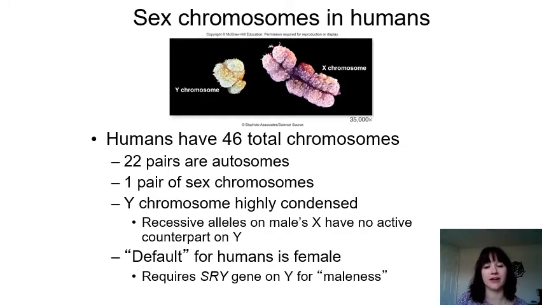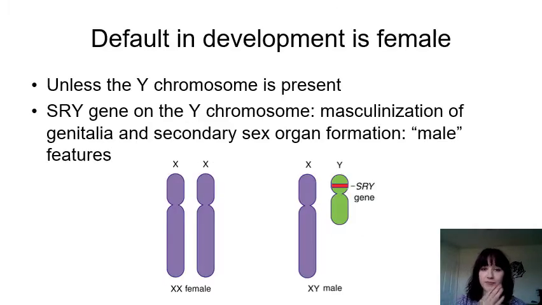It's not found on the X. So females are XX and males are XY. In the females, they just don't even have that SRY gene. Again, the default development is female, unless the Y chromosome is present. Here we have a cartoon showing a female with two X chromosomes, and a male with one X chromosome and one Y chromosome.